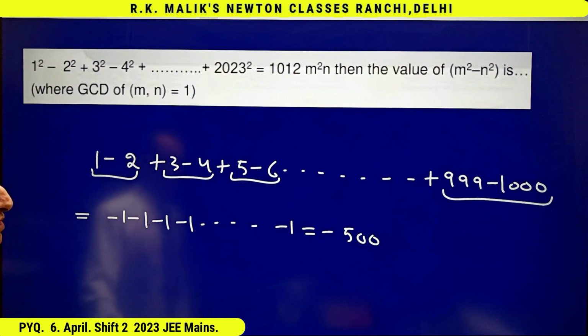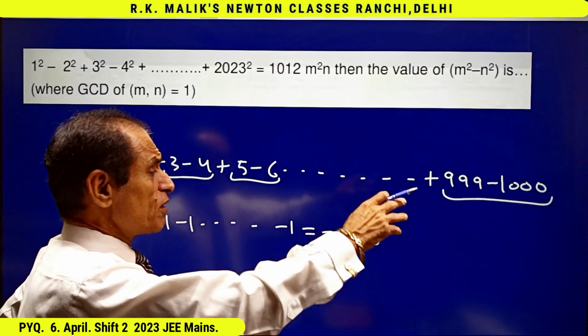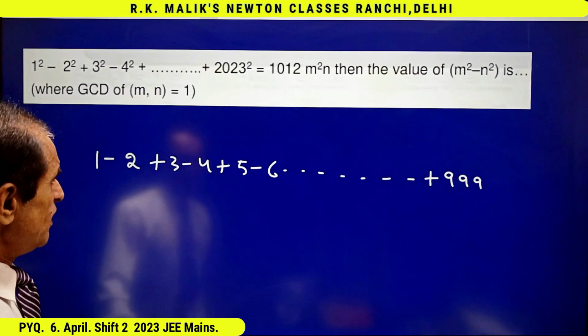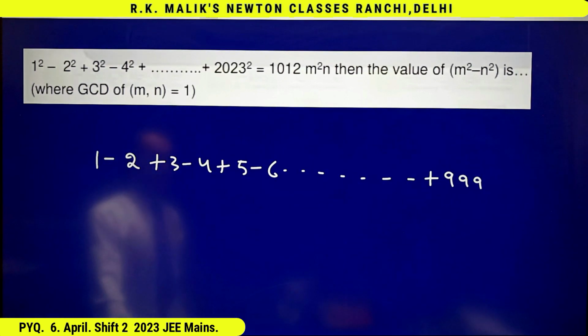Some students think that this way is possible only when the number of terms is even. Some students say, had the question been this, how would you do it? Because in this, if I start pairing, all the numbers cannot be covered. Again, no problem.